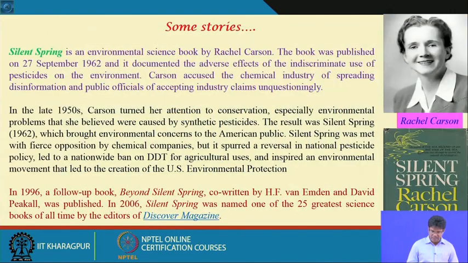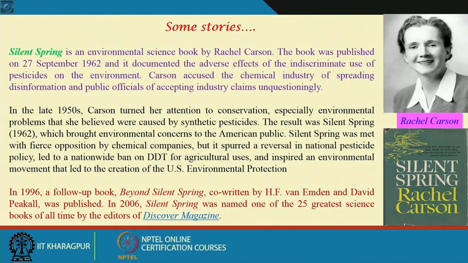Finally, I will tell a story here. There is Silent Spring, an environmental science book by Rachel Carson. This book was published on 27 September 1962 and it documented the adverse effect of the indiscriminate use of pesticides on the environment.